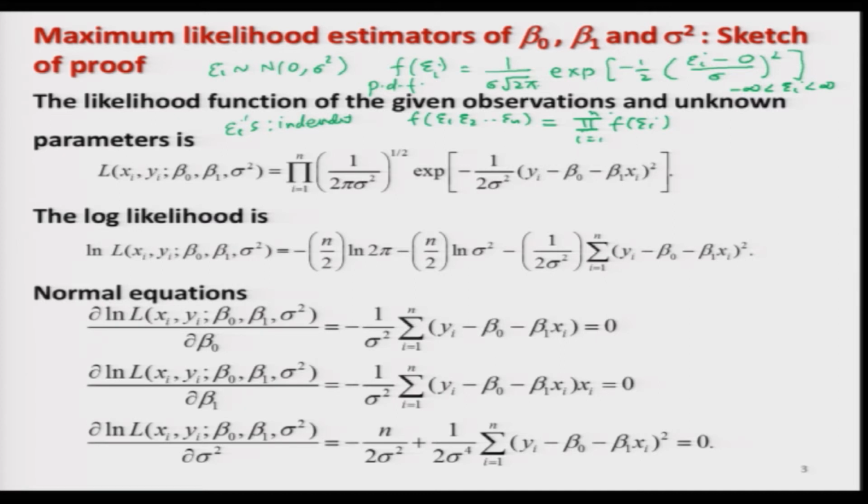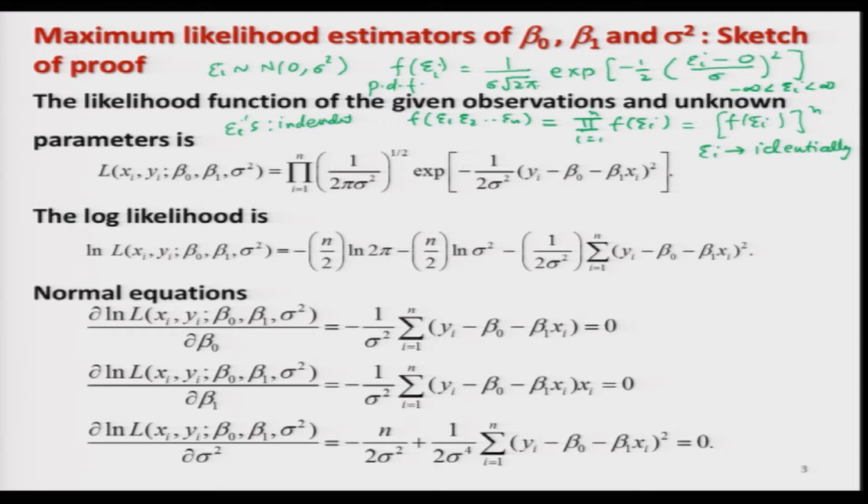And once you are assuming that the epsilon_i's are identically distributed, identically means all epsilon 1, epsilon 2, ..., epsilon n have the same distribution with mean 0 and variance sigma square, right. So, this can be written as f of epsilon_i raised to the power n. This is the basic concept which I am going to use here.